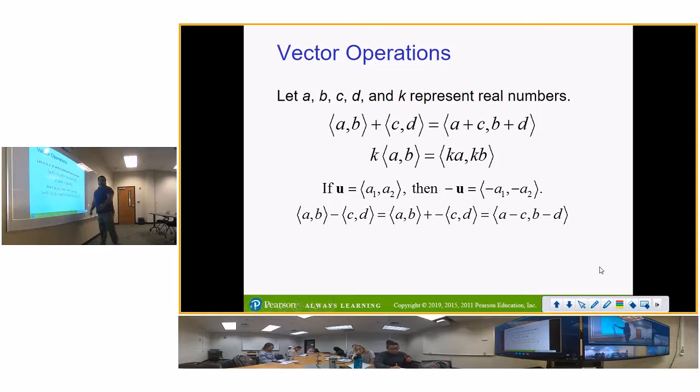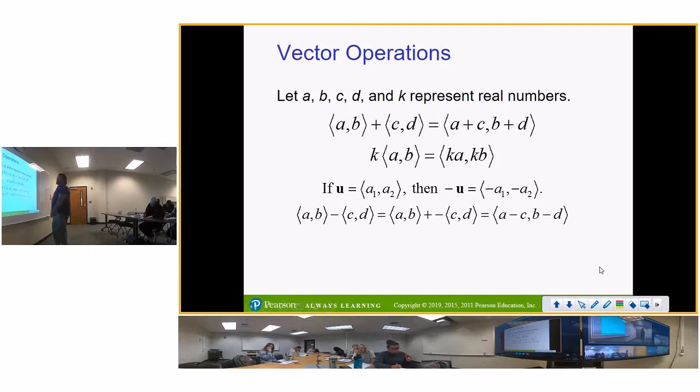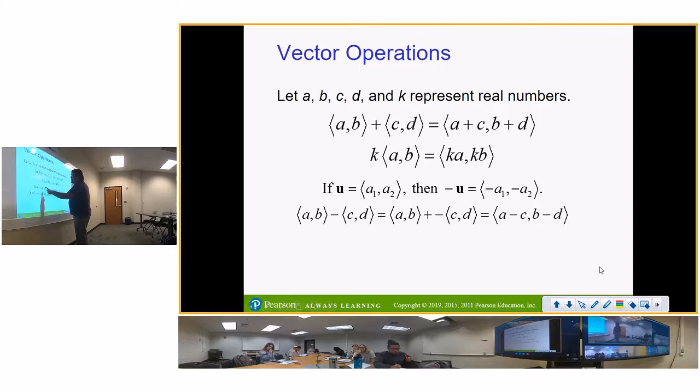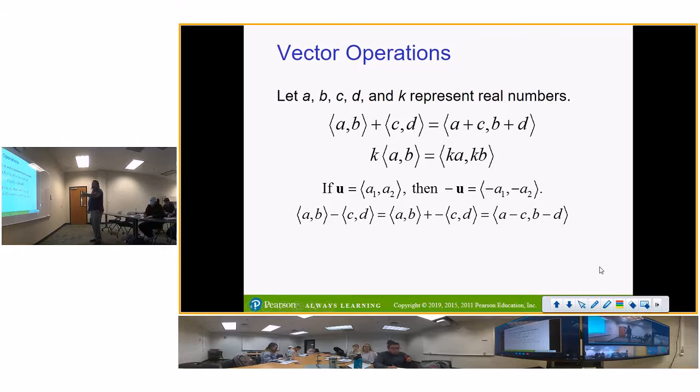You multiply by the scalar, that gives you the position vector. And of course, if you have a vector going in the positive direction, then the vector going in the negative direction would be the negative coordinates. That's pretty self-explanatory. And of course, if you are subtracting a vector, you subtract C and D.